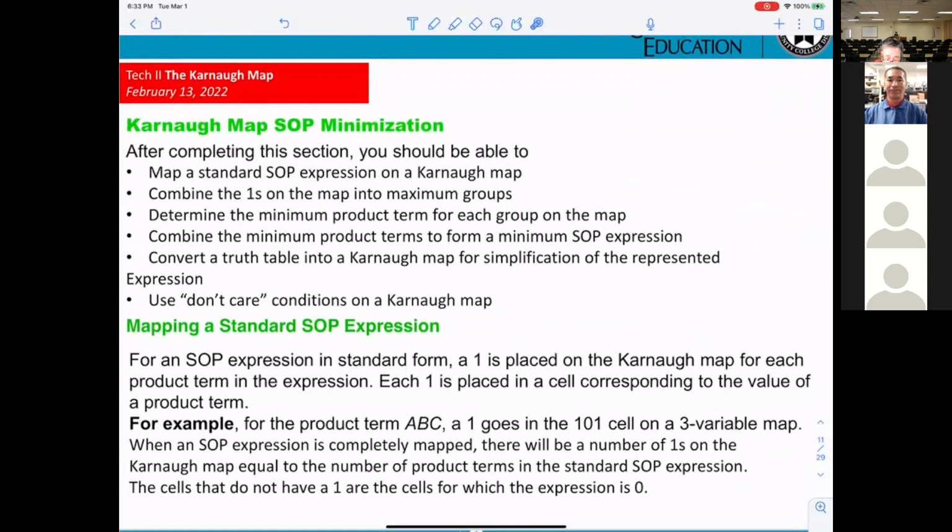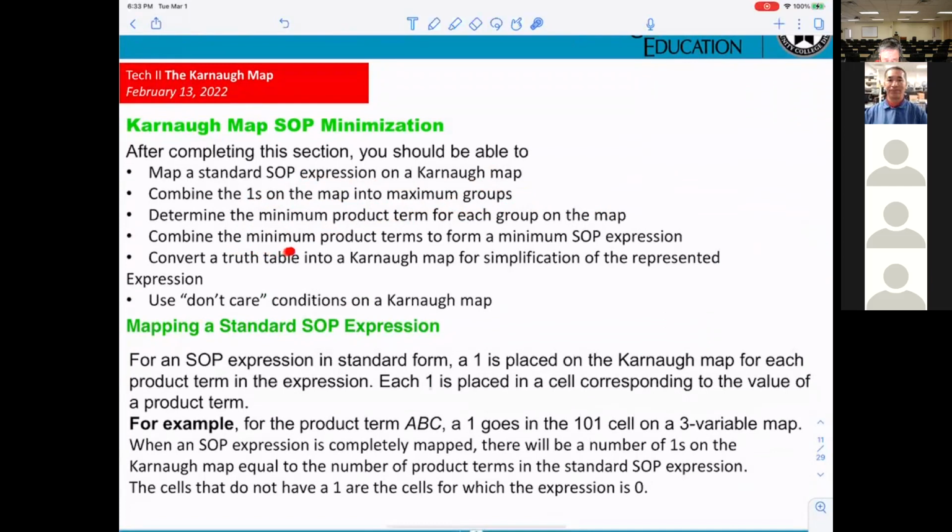So I'll just quickly go through it. After completing this section, you need to know: map a standard SOP, sum of product, into a K-map. Combine 1s on the K-map into maximum groups. Determine the minimum product term for each group.